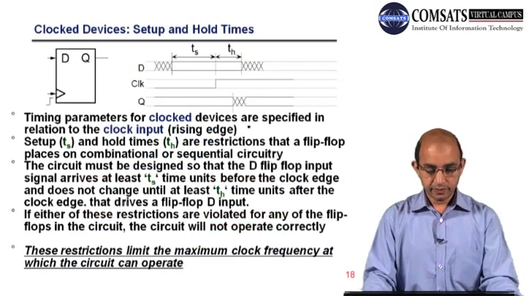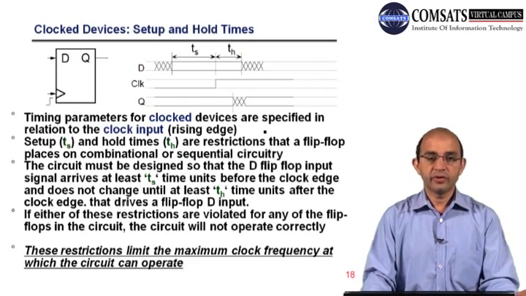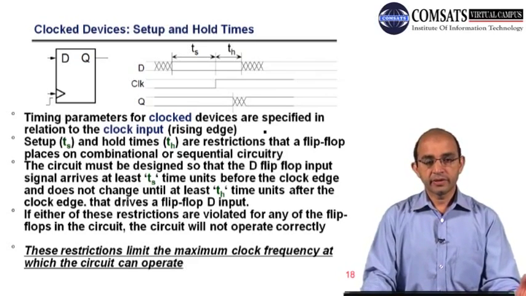Again, these are the explanations mentioning hold time and setup time. Whenever we talk about combinational timing analysis, we always talk about the input and the output, and there are some timing parameters that we define: propagation delay and contamination delay.